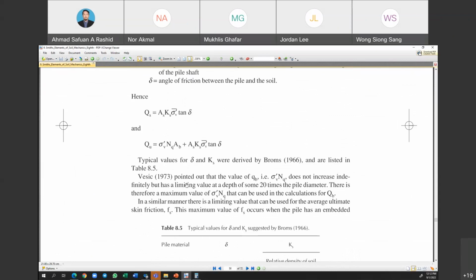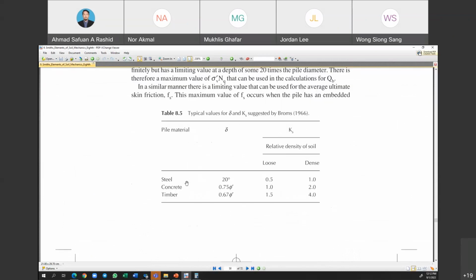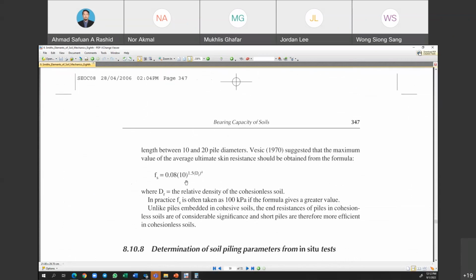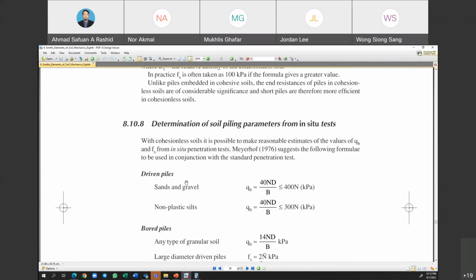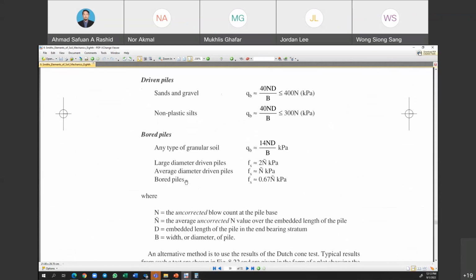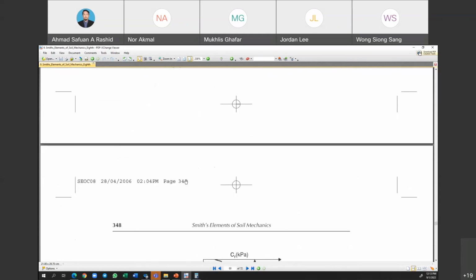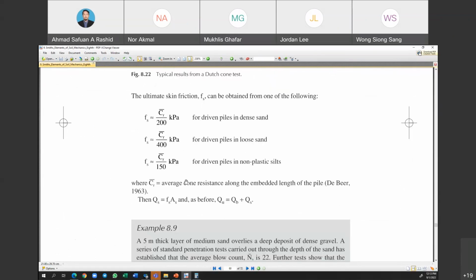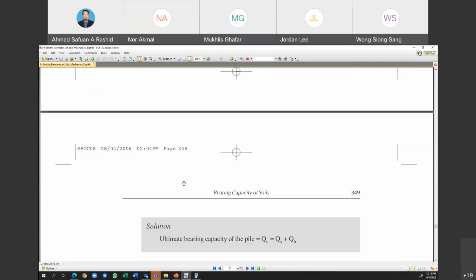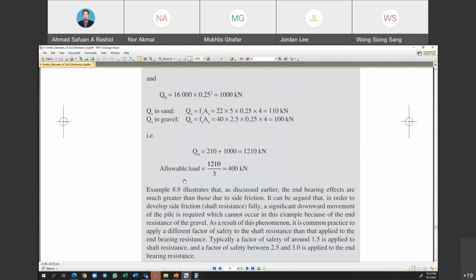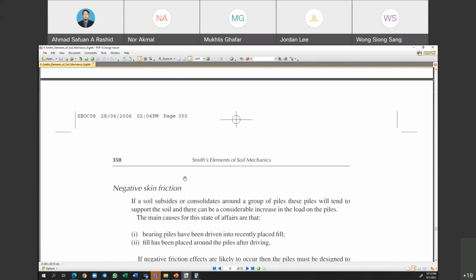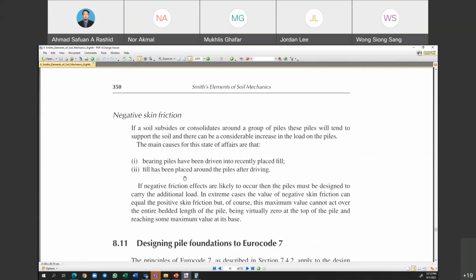So this is for the shaft or skin friction. This example is based on the indirect method, CPT or SPT. So we can look at the example of negative skin friction.